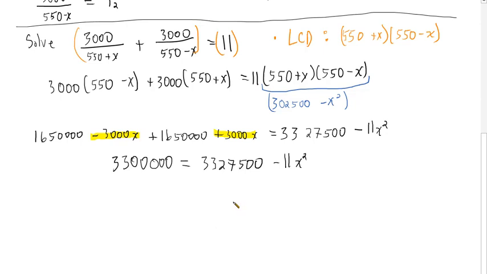Now I look at this equation, and this is quadratic, and I see no x term. I just see an x squared term, so I can use the square root property, but I have to isolate x squared first before I apply it. So let's subtract 3,327,500 from both sides.